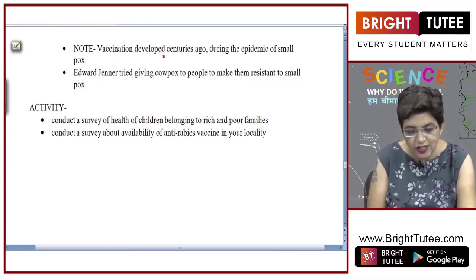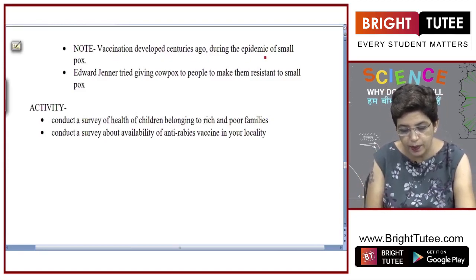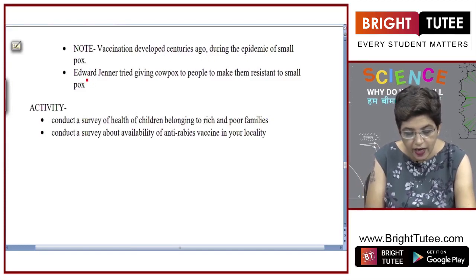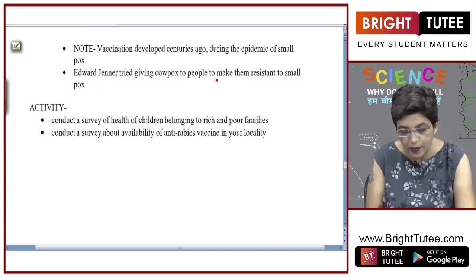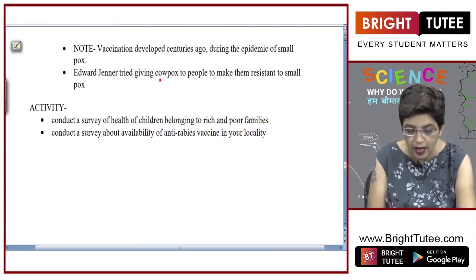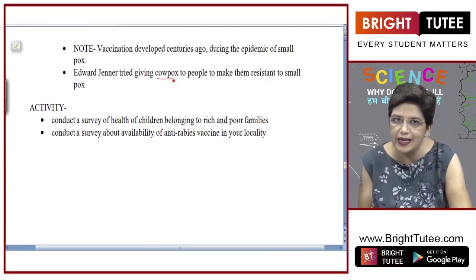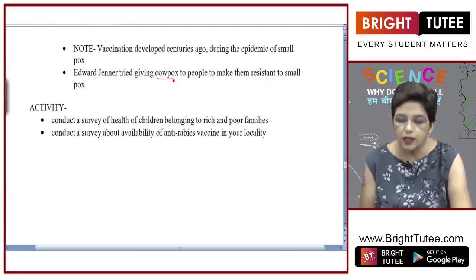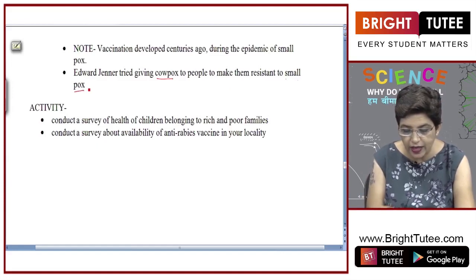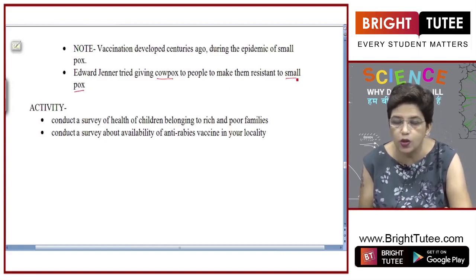Now, vaccination was developed centuries ago during the epidemic of smallpox. Edward Jenner, he was a great scientist. He tried giving cowpox to people to make them resistant to smallpox. Actually, cowpox is a very mild kind of disease, but it was related to the virus causing smallpox.